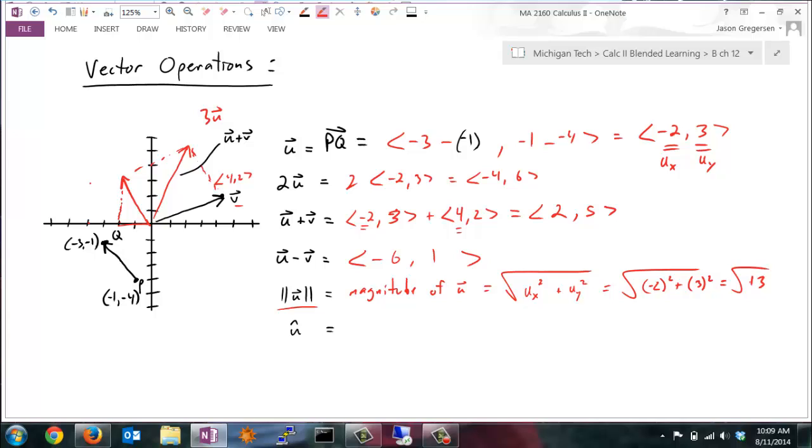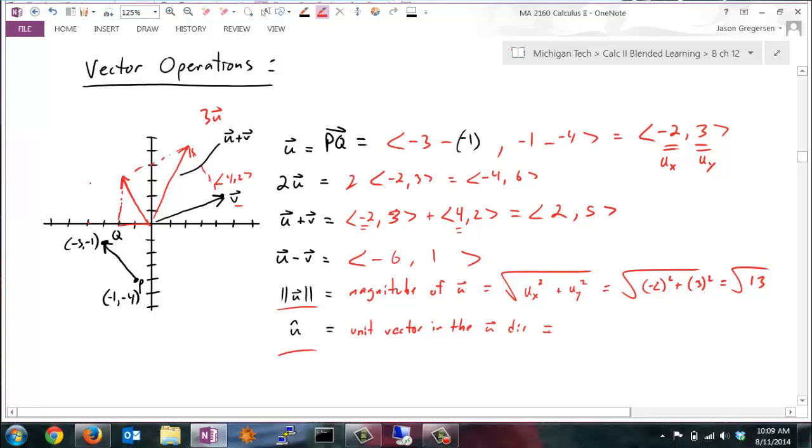All right, the next one is the unit vector. This little vector u with a hat symbol instead of an arrow on top of it means it's the unit vector. It's the unit vector in the u direction. So the idea here is that sometimes I only care about the direction of the vector.